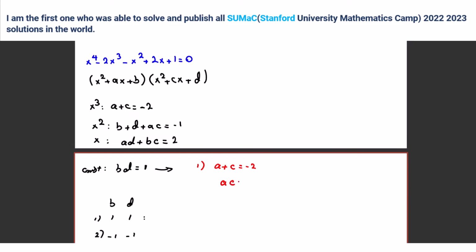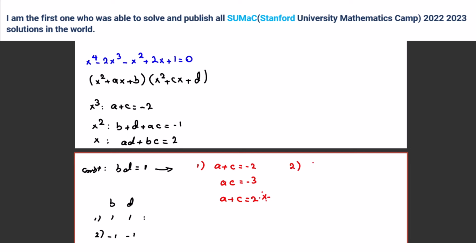Exactly. AC is equal to -3. Is this case possible? So let's write: no, also the last one. A plus C is A plus C. That means BD, yes, A plus C is 2, contradiction, right?